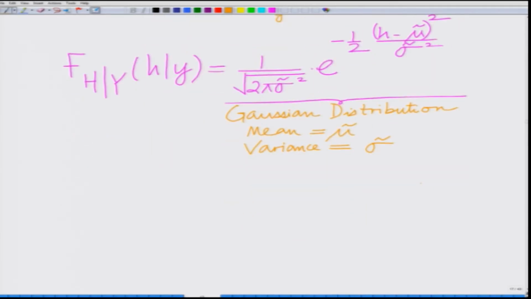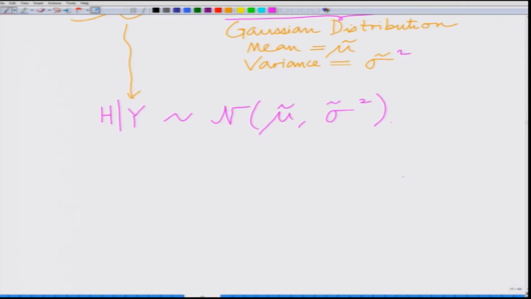Therefore, what you can say is that the posterior, the conditional probability density function of the parameter h given the observation y, which is also known as the a posteriori probability density function, is Gaussian. So, h given y is Gaussian distributed with mean mu tilde and variance sigma tilde square.